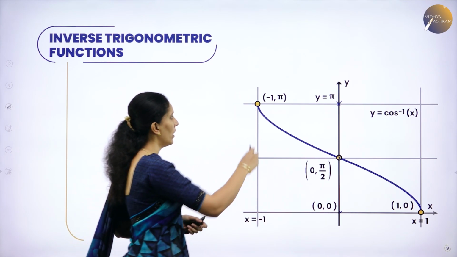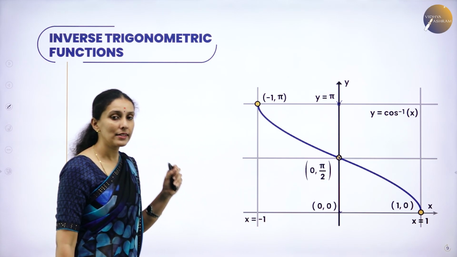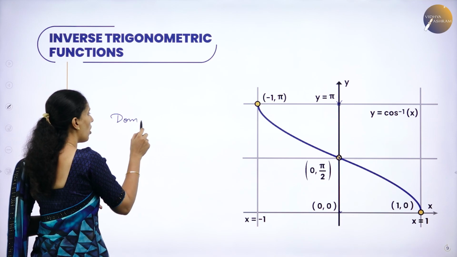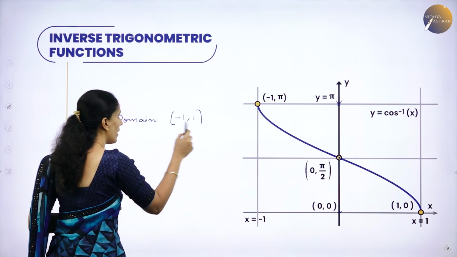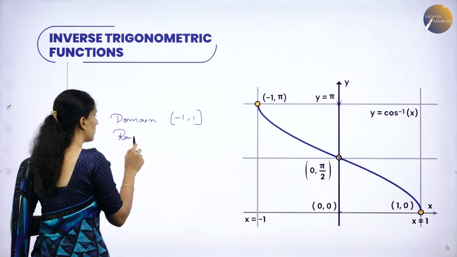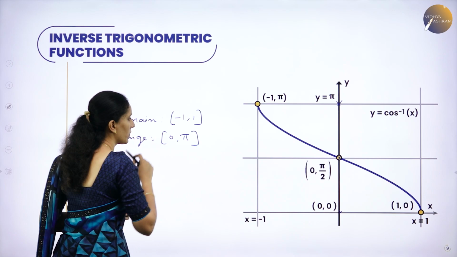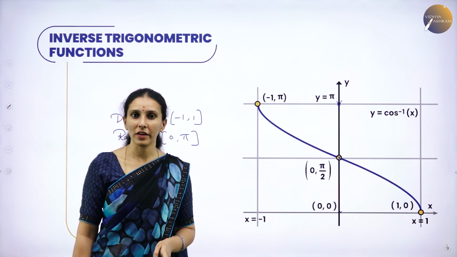So this is how the graph exists, and thus the domain of the cos inverse function is again from minus 1 comma 1 and the range is 0 comma pi. So this is the domain, range and graph of the cosine function.